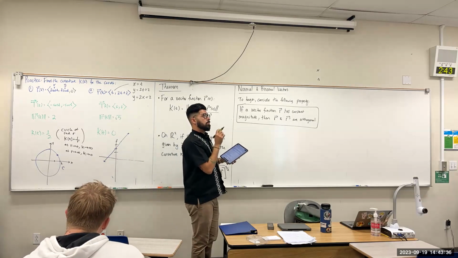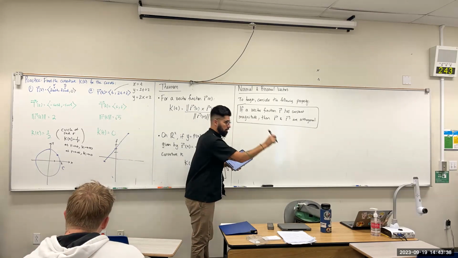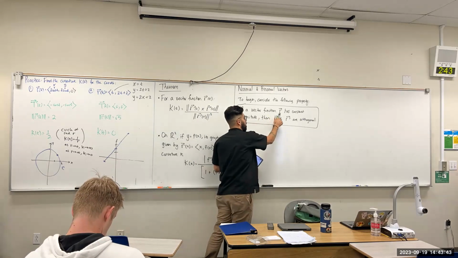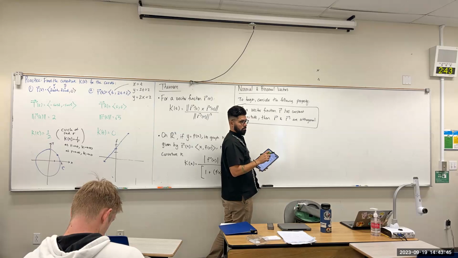What does that mean? That means its position vector will always be orthogonal to its tangent vector. That's what that means, as long as the vector function R has constant magnitude.